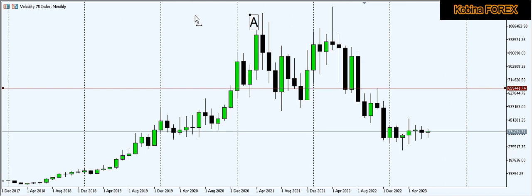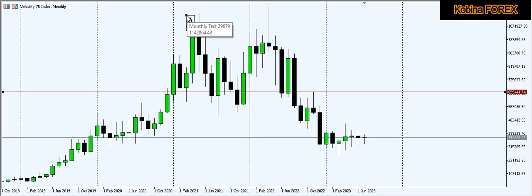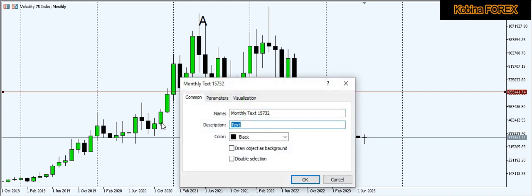Price point A is at this level. We have A here, and then we have price point B, the low.